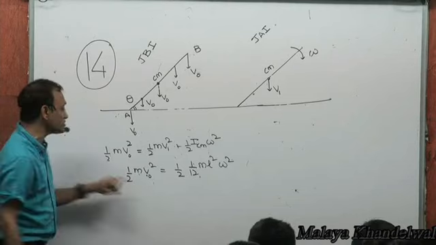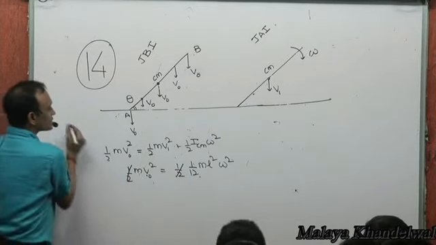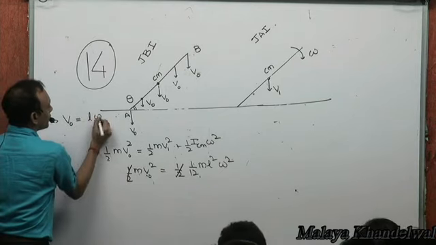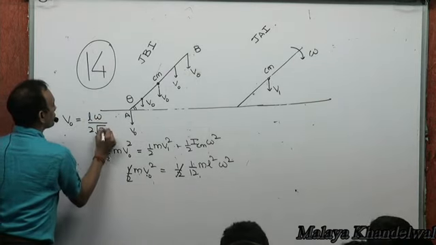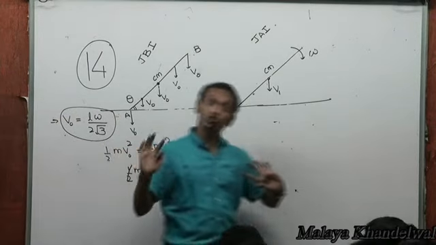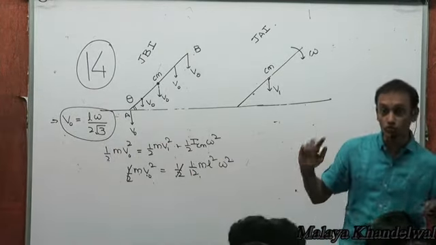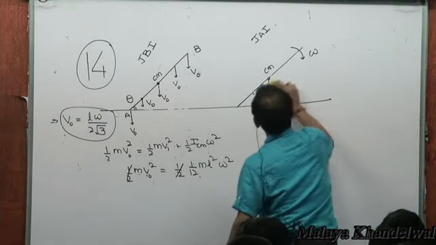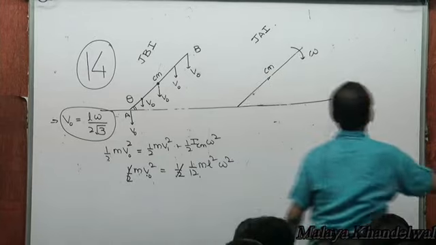So this gives us v0 equal to L omega by 2 root 3. Right? Now the theta. So far so good. So V1 becomes 0, life becomes simple.